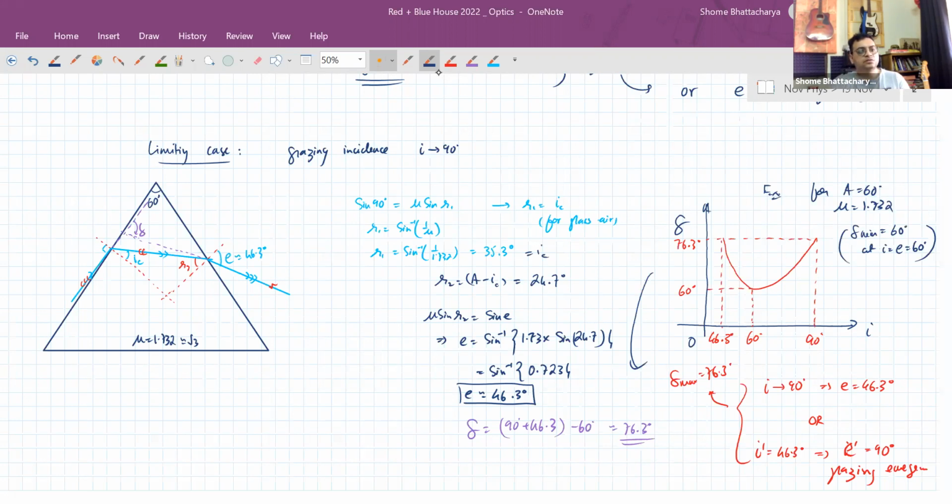Sorry, that was for the other one where the angle of prism was 45. This is the case where the angle of the prism is 60. So if you take the angle of the prism as 45 instead, you will get some different condition for delta maximum.